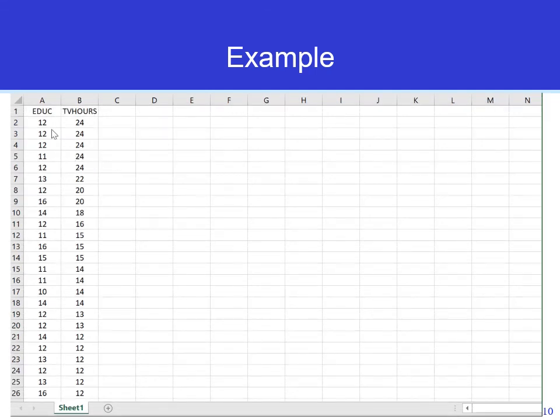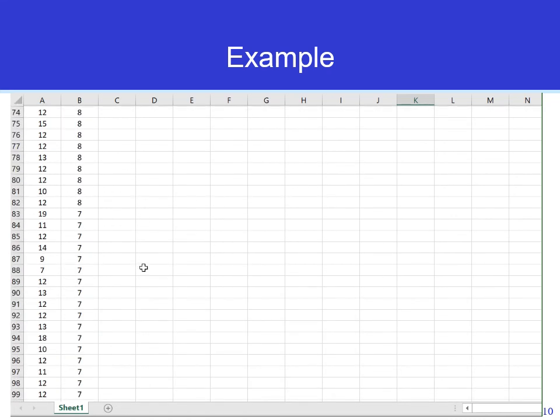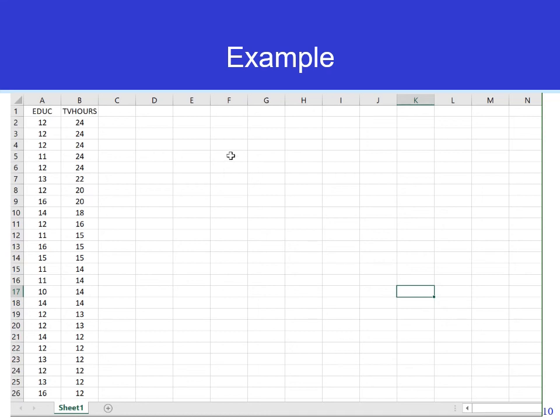We have the data for education in column A and the data for TV hours watched in the second column. These are the two variables, education and hours, and we have these samples of data. Let's go ahead and find the coefficient of correlation and covariance. First, covariance.